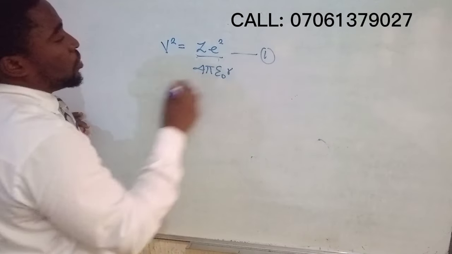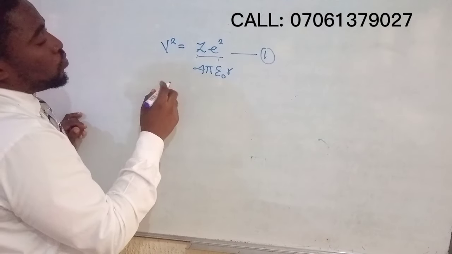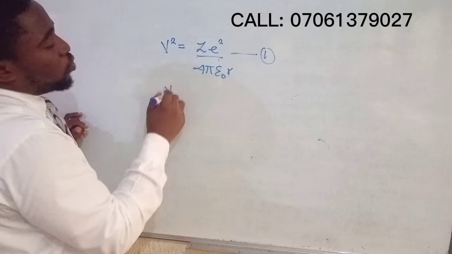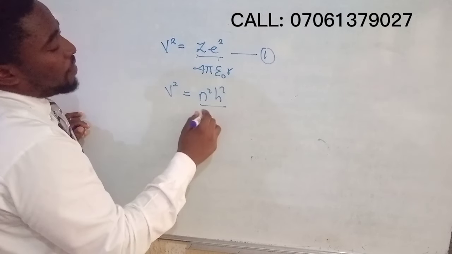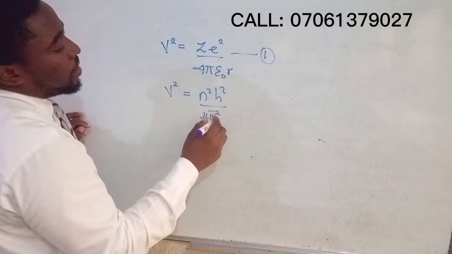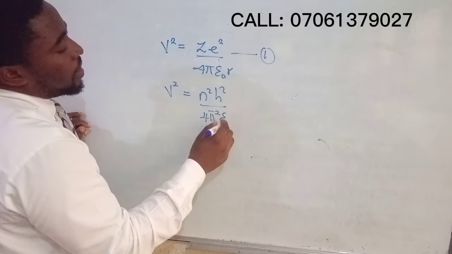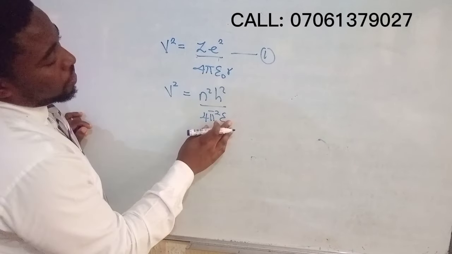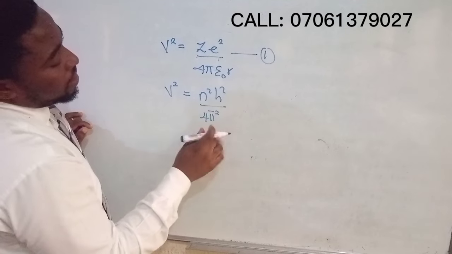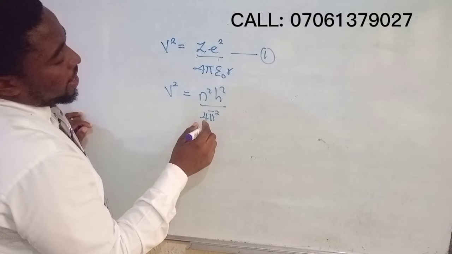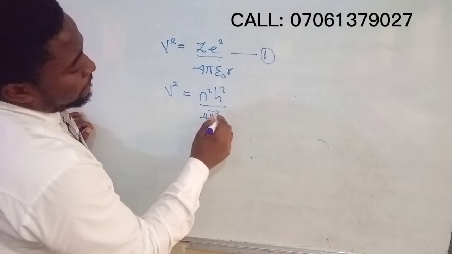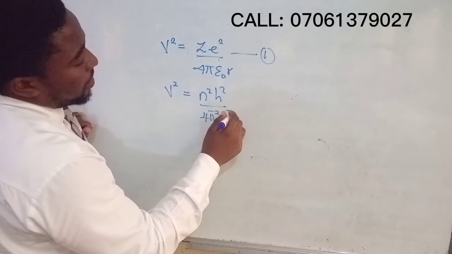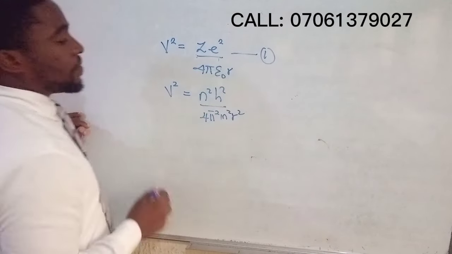So in equation 2, we got our v squared to be equal to n squared h squared over 4 pi squared m squared r squared.